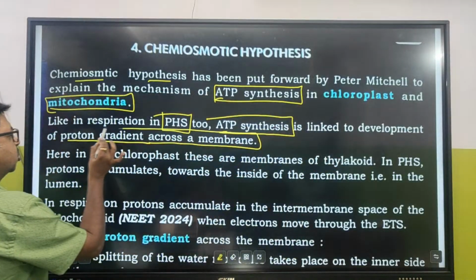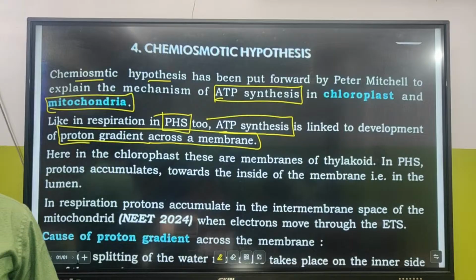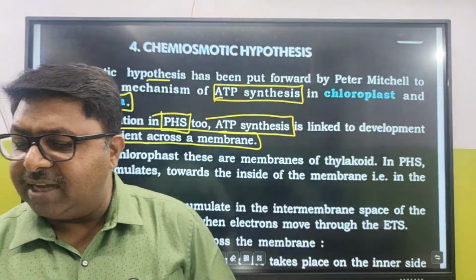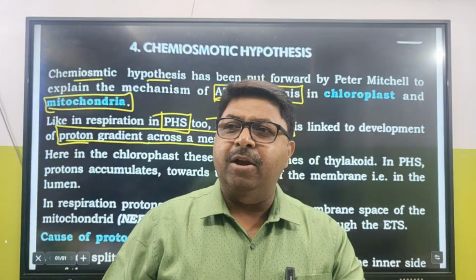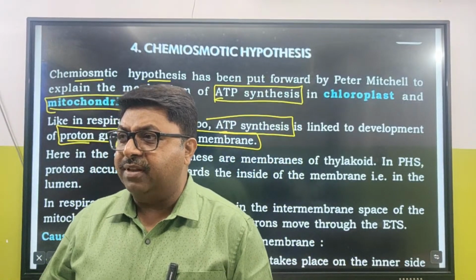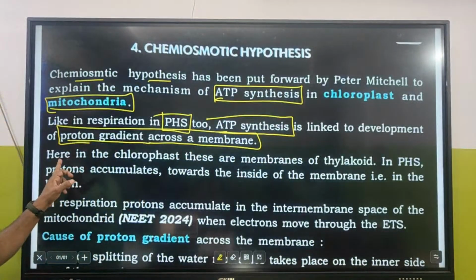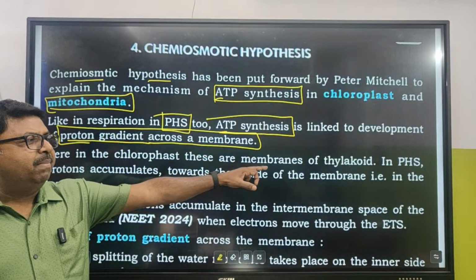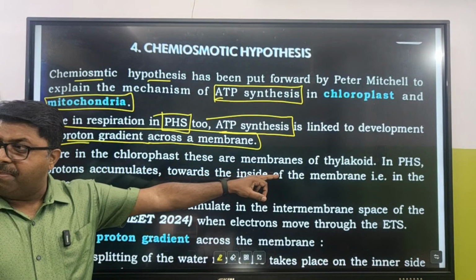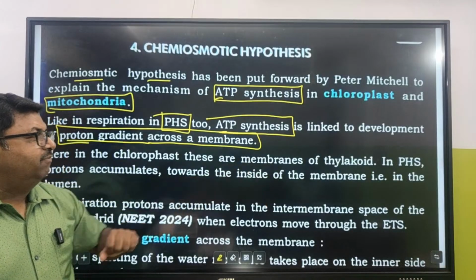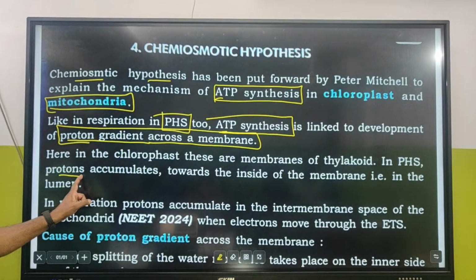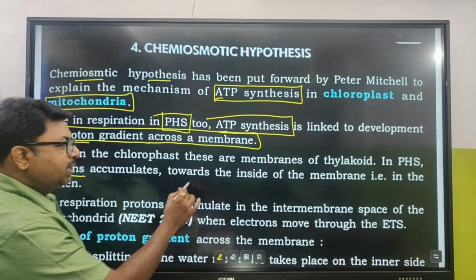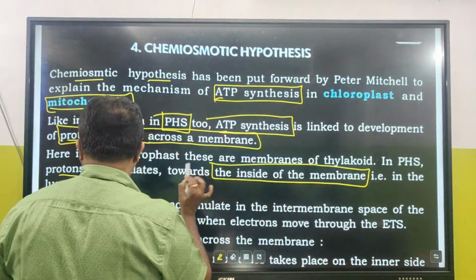So what is common in both the situations? Which gradient? H plus ion gradient. And what is that called? Proton gradient. So what is maintained? Proton gradient is maintained in both of them. Clear? Very good. Here in the chloroplast, these are membranes of thylakoid. In photosynthesis, protons accumulate towards the inside of the membrane, that is in the lumen.